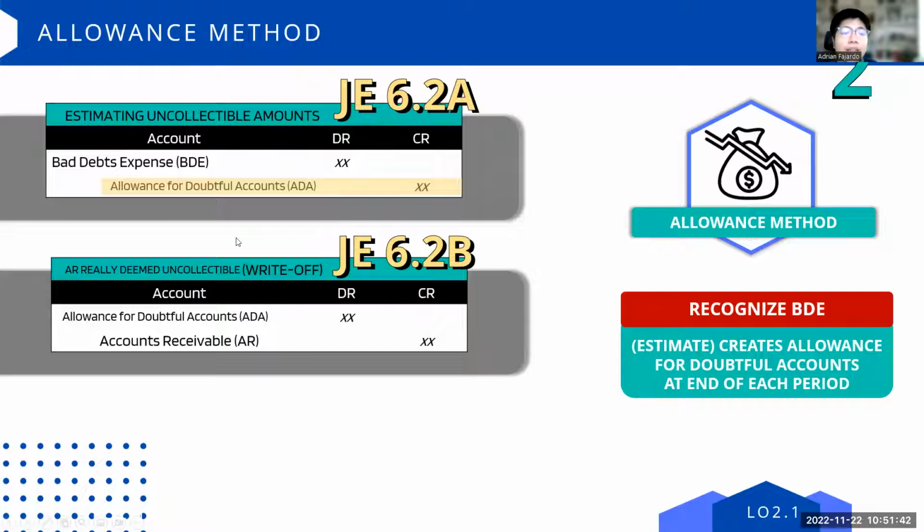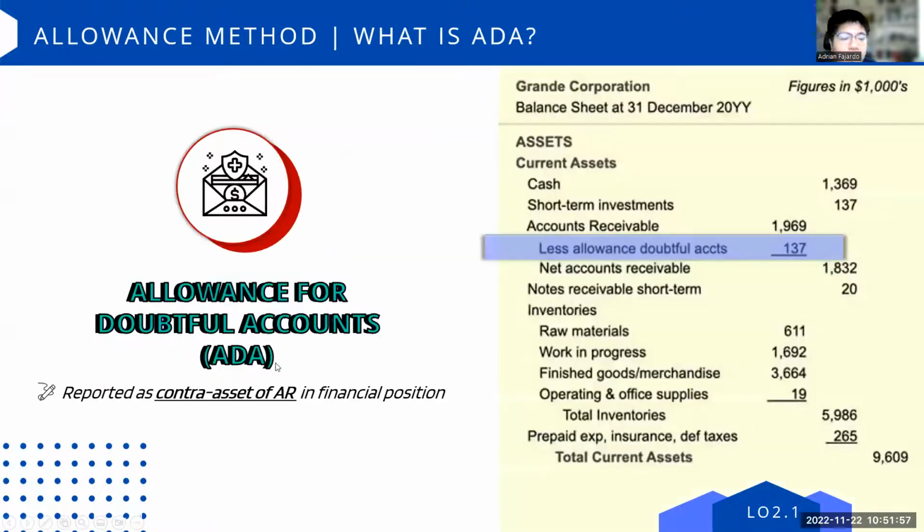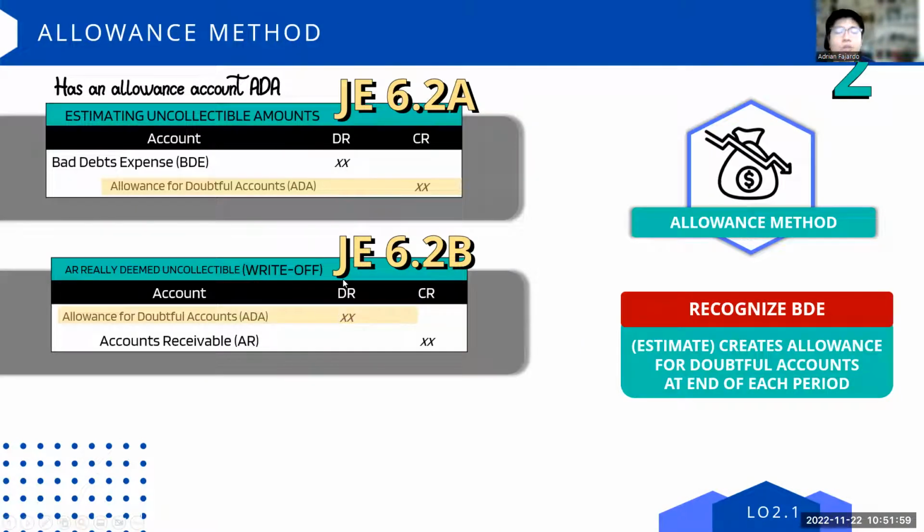Now, if it's written off, meaning from estimated losses, naging actual losses na siya because it was deemed no longer collectible, that's the only time that your ADA will be debited and then you will credit your AR. So, in essence, yung ADA natin is like a middle account or a contra account for AR.